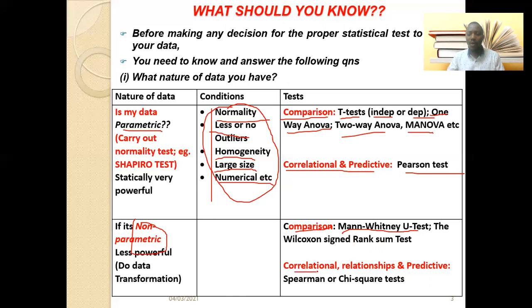When we are looking at correlation and relationship or predictive kind of study, we are using Spearman instead of Pearson. And we also use the chi-square test.